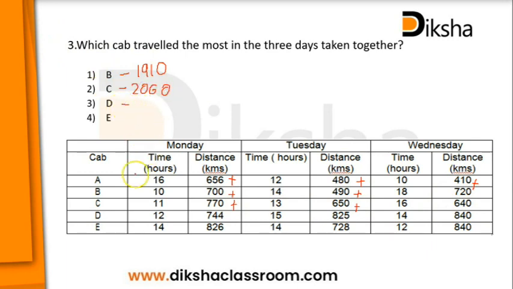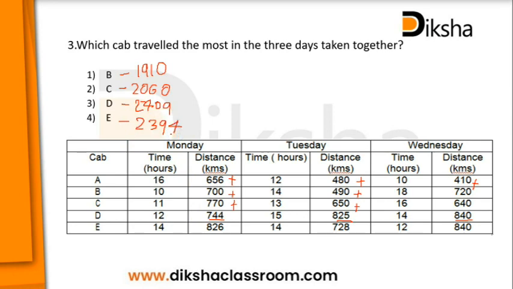For D, we will be adding 744, 825 and 840. We get the answer as 2409, and for E we will be adding similarly 826, 728 and 840. We get the answer as 2394.